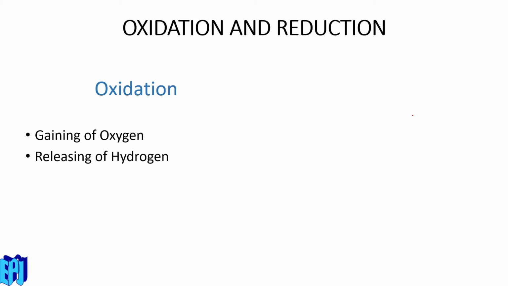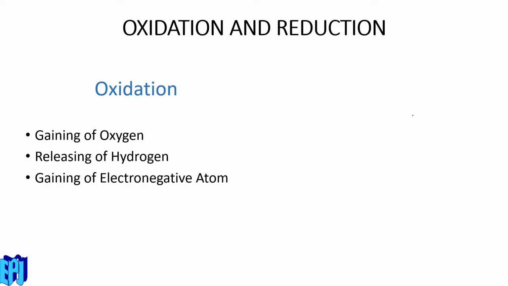Just study the topic of oxidation, then you can easily write the points of reduction, because it's just opposite. Next, we know that oxygen is an electronegative atom. Then the studies revealed that not only oxygen, if any electronegative atom is gained in a reaction, it can be considered as an oxidation reaction.